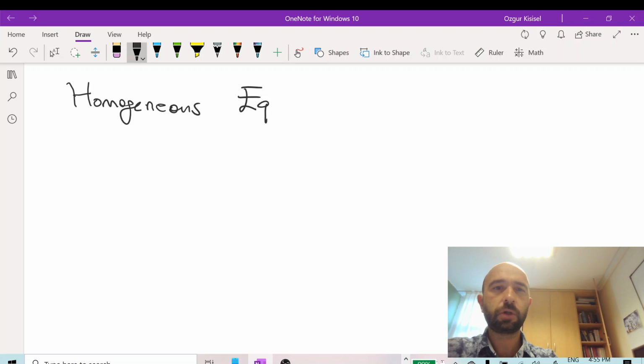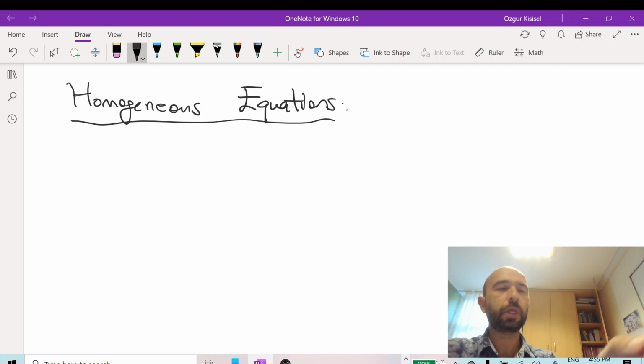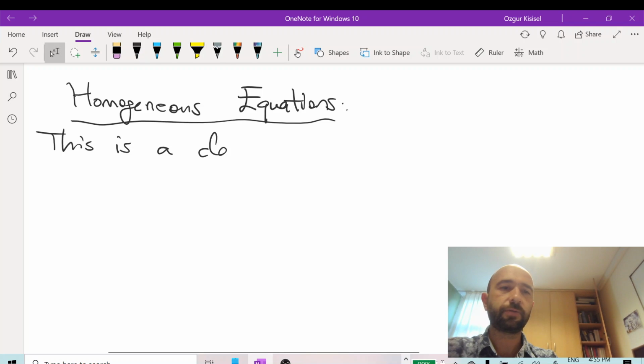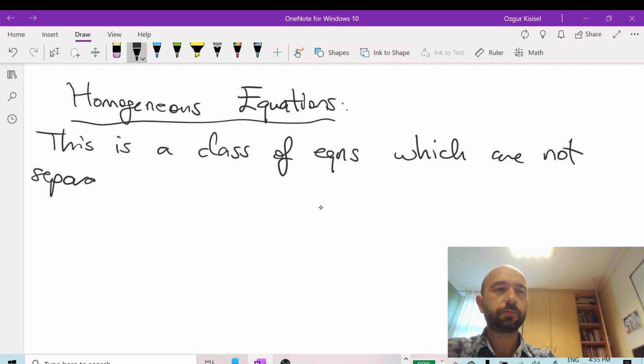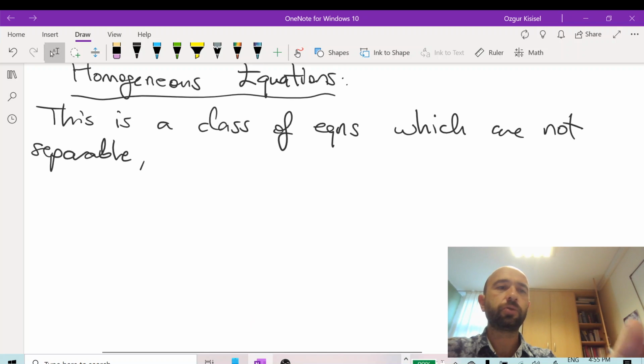These are called homogeneous equations. So the idea is, this is again a special class, equations which are not separable, but which become separable after a substitution.